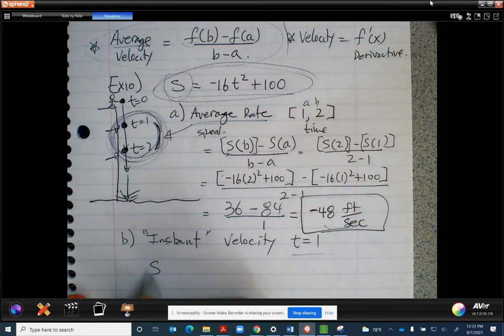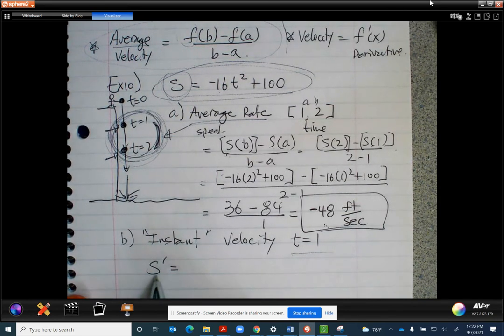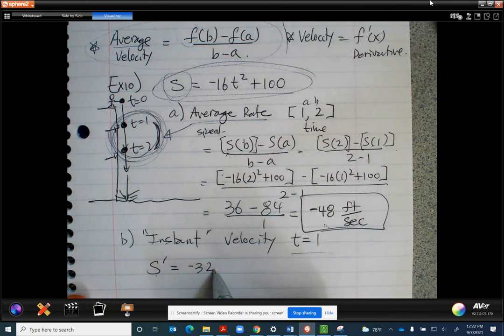So s prime is equal to, why is it s prime? Isn't that the s function's derivative? So s prime is equal to negative 32t, it's just t, not x, right?